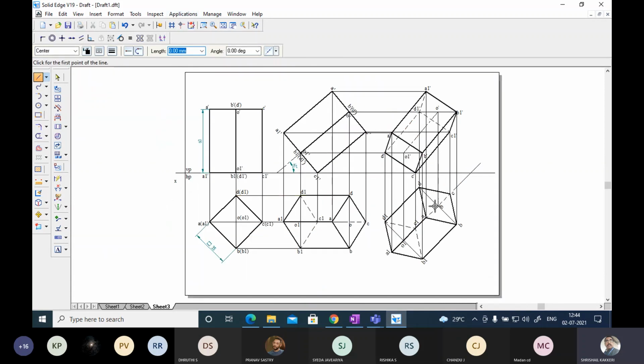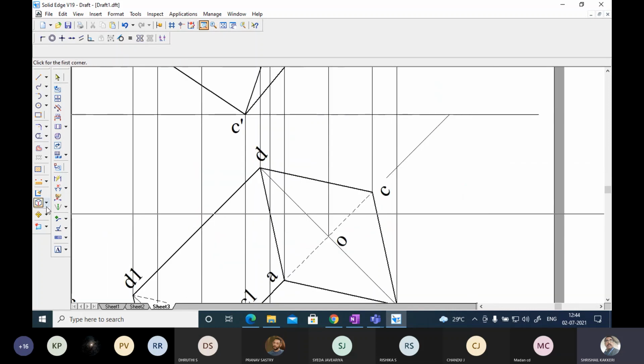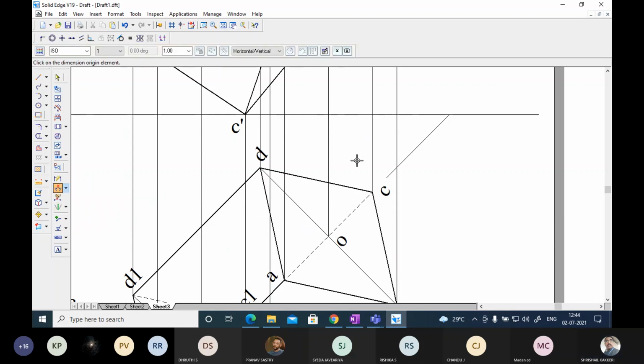This completes our problem. Another small thing I have to do here: you have to write the angle. Go to the angle from here to here. It is 45 degrees. And at this end you have to write y.